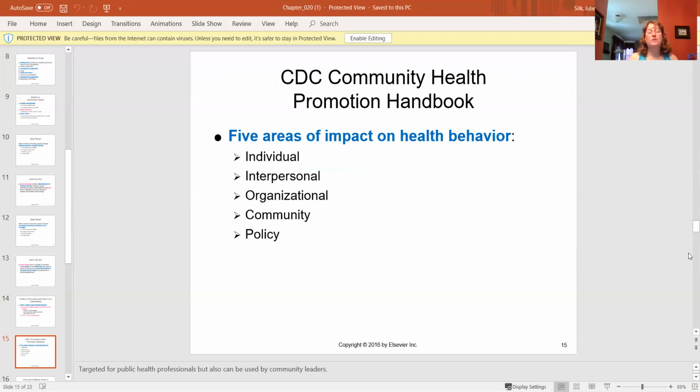All right, so the CDC Community Health Promotion Handbook. It has 5 areas of impact on health behavior: individual, interpersonal, organizational, community, and policy. So this is targeted for public health professionals, but can also be used by community leaders.